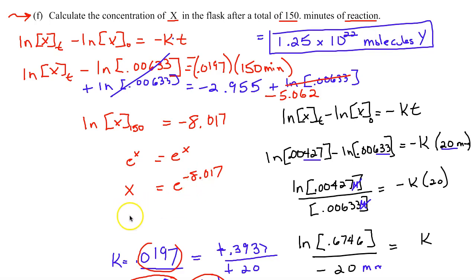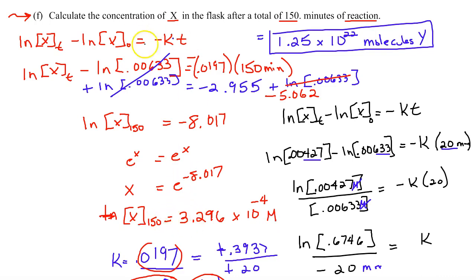And what I get is the concentration of x at 150 minutes is equal to 3.296 times 10 to the negative 4. That's the molarity after 150 minutes.